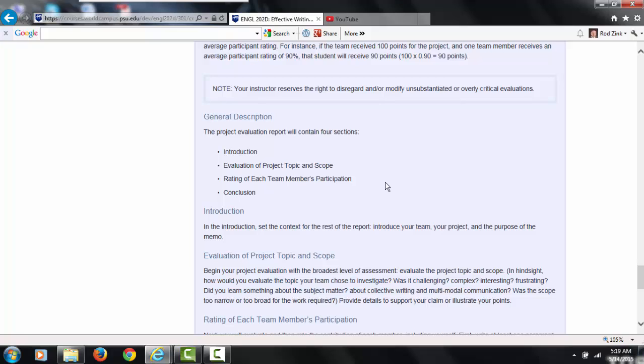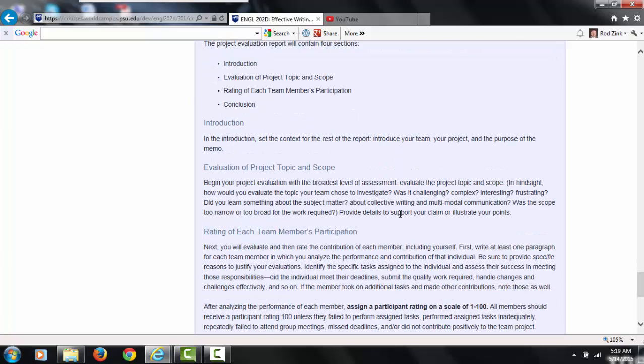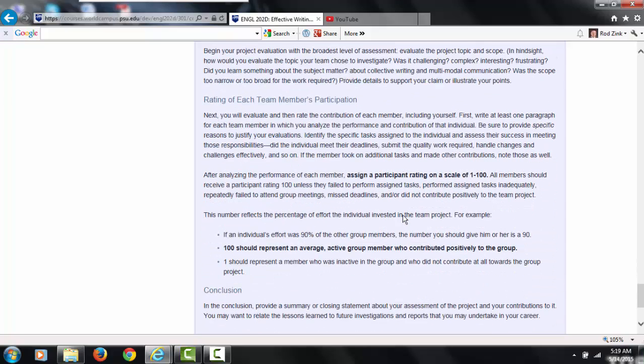As mentioned above, you will rate each team member, including yourself, from 0 to 100. The important thing to remember is that a rating of 100 does not mean that a member was perfect or beyond excellent, as you might think by academic rating scales.